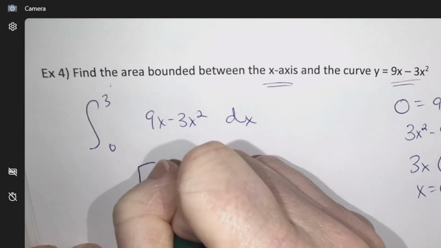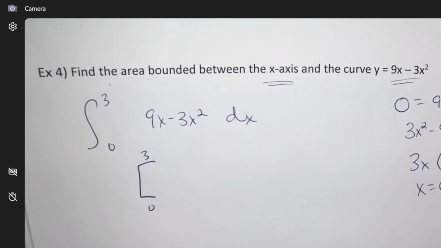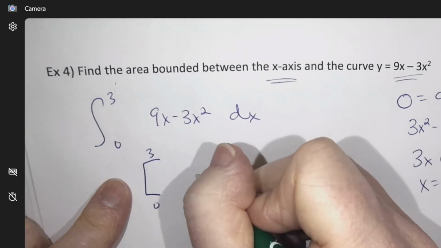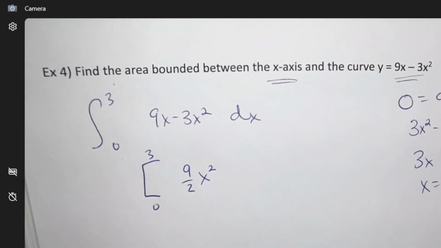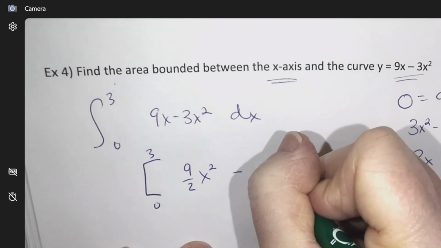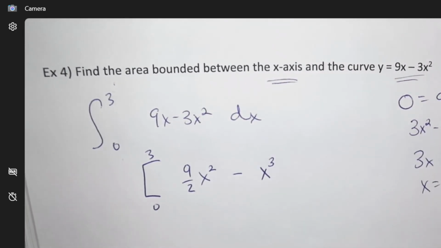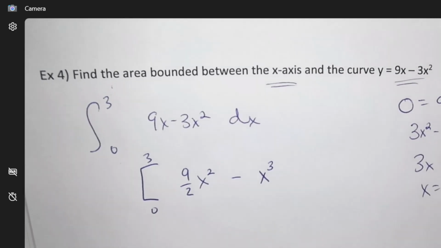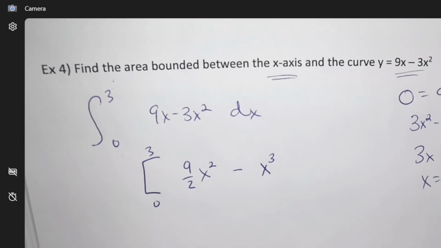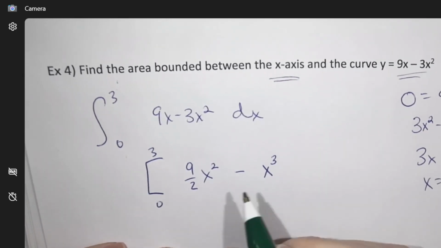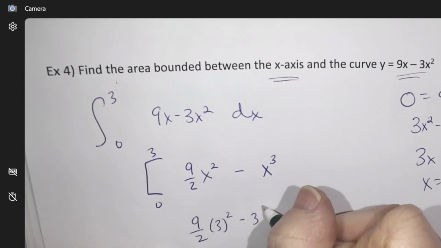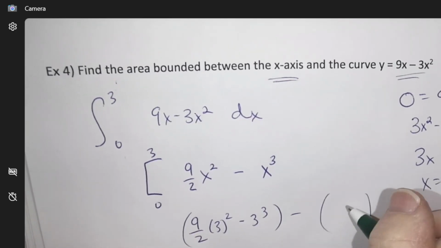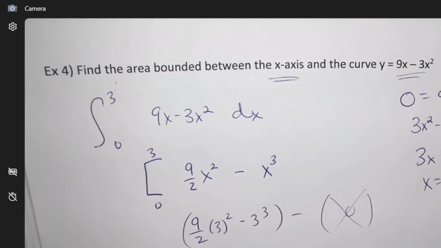Okay, so we're going to do the antiderivative of it. So go up, squared, and divide. Up, divide. Okay, again, this is nice.